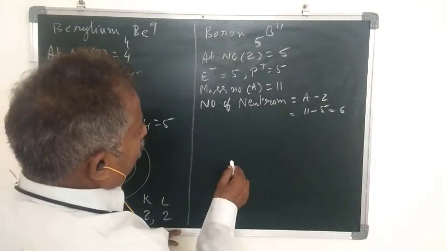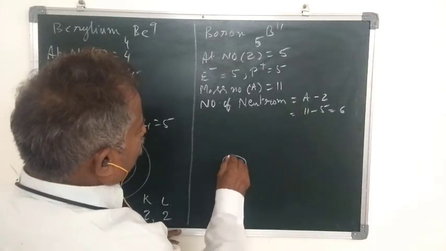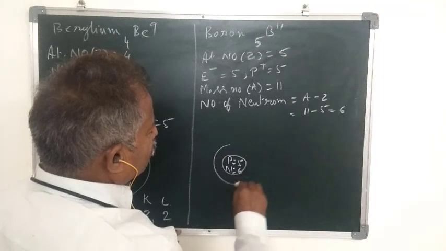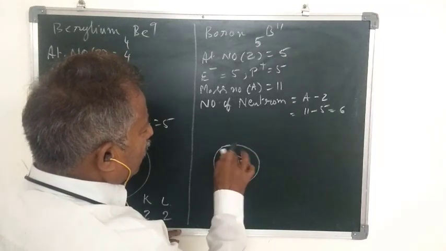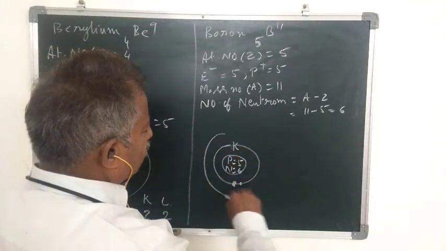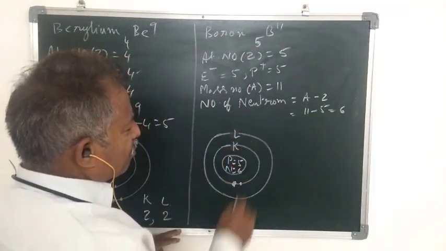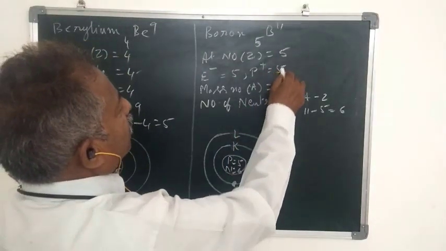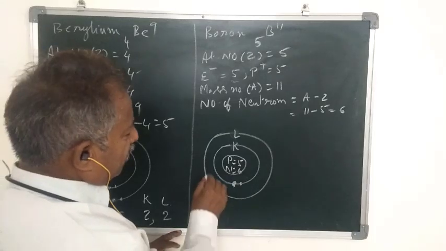Now, electron picture for boron: number of protons 5, number of neutrons 6. First shell, as usual, can accommodate a maximum of 2 electrons, right? Now, second shell, the L shell. How many electrons are left? Out of 5 electrons, 2 are accommodated and still 3 are left.